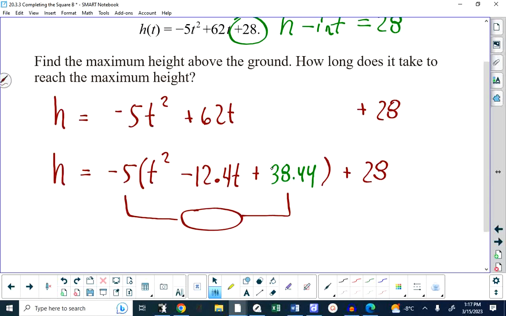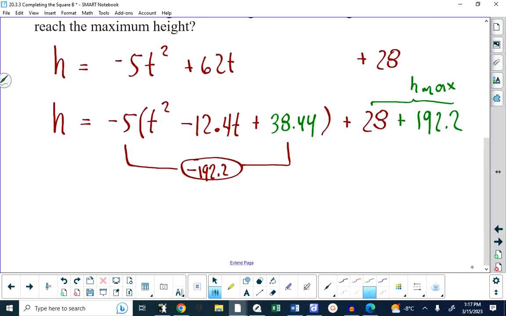Now I need to multiply these two together. That's negative 192.2, which means I have to add 192.2. I just have a question for you. How many of you recognize that this is going to be the maximum height? That's going to be your value of Q for the vertex. We'll put this together.